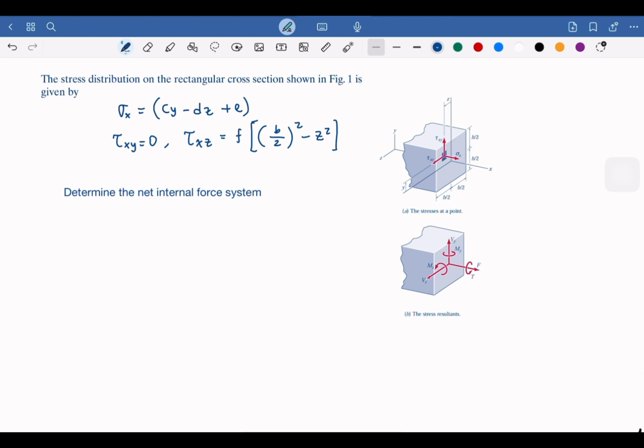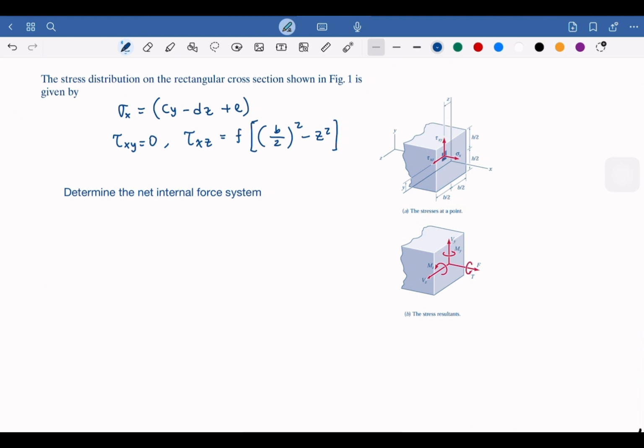Let's say we have a stress distribution as in the figure on the right side, and suppose it is given that we have the sigma x, the normal stress in the x-axis, which is cy minus dz plus e, and then the tau xy will be 0, and tau xz will be equal to f multiplied by (b over 2) squared minus z squared.